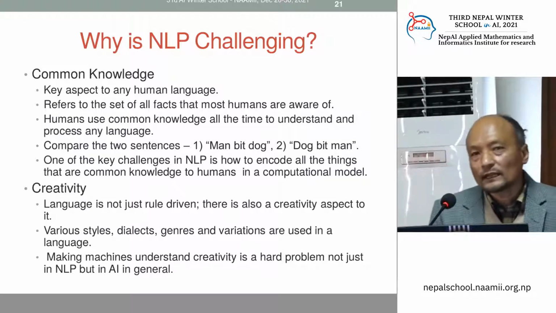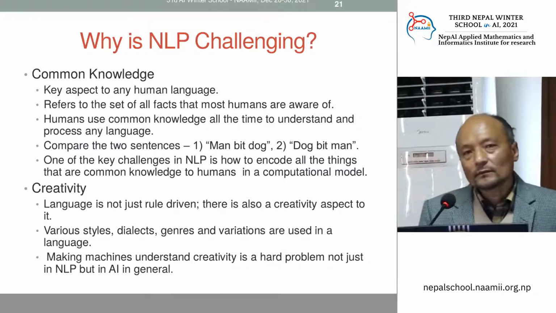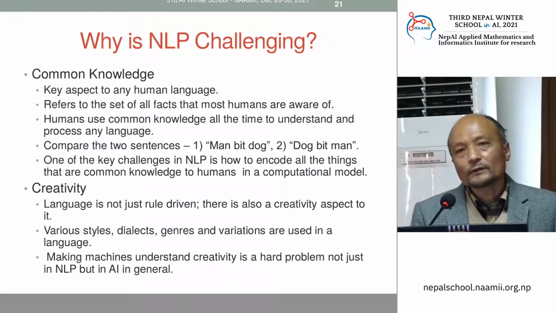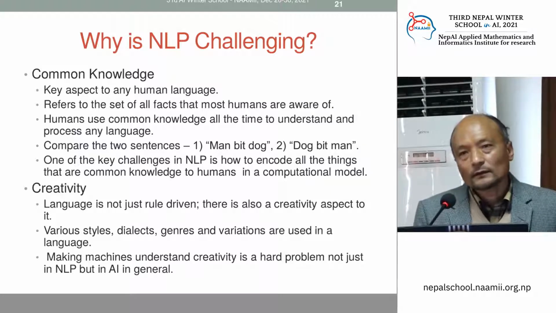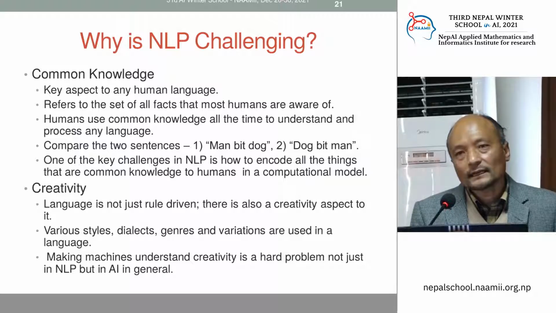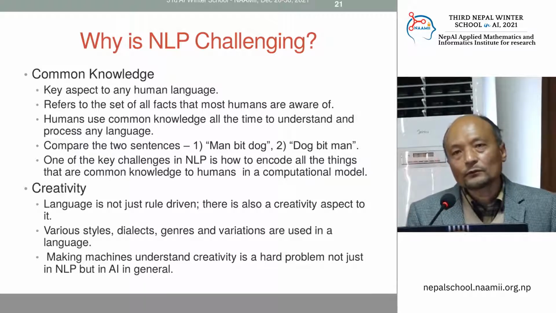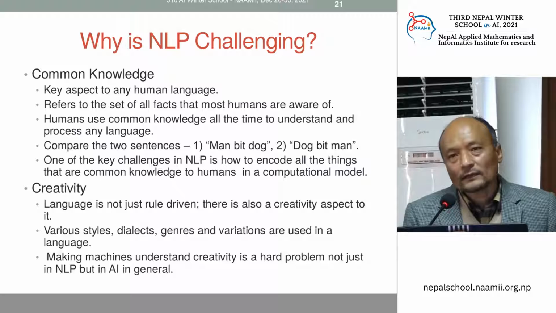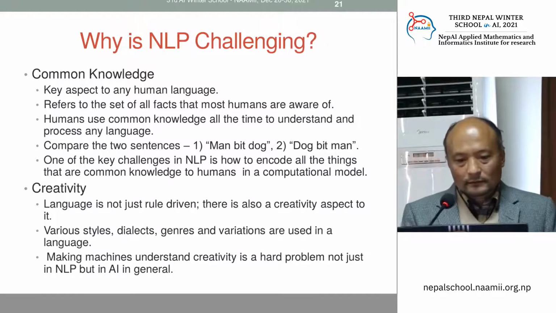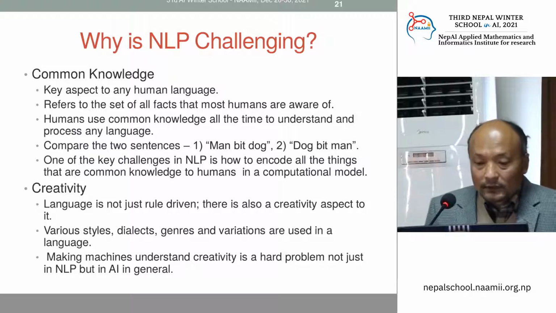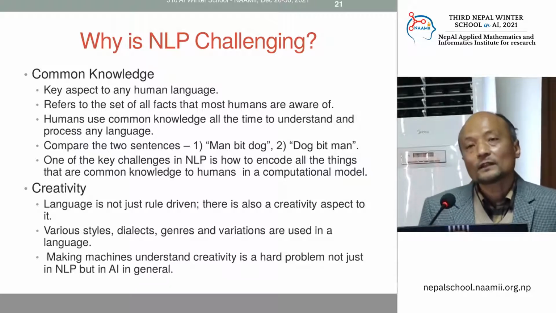We as humans know that it's very unusual for any man to bite a dog, and we will say there is something wrong with this sentence. But for the machine, without that common sense knowledge, it will be difficult to differentiate between these two sentences. So one of the key challenges in NLP is how to encode all the things that are common knowledge to humans in a computational model.